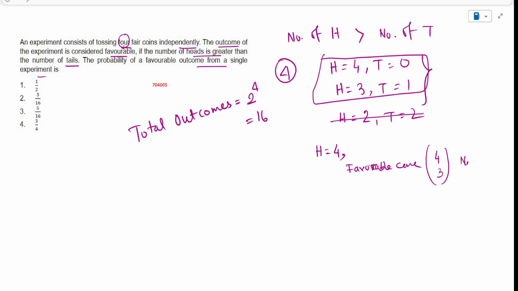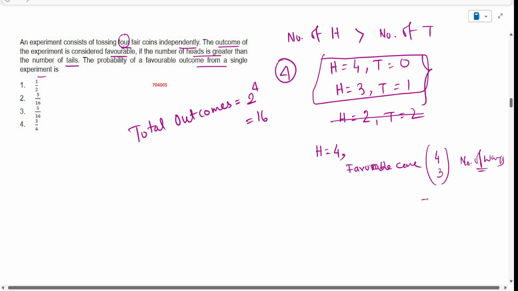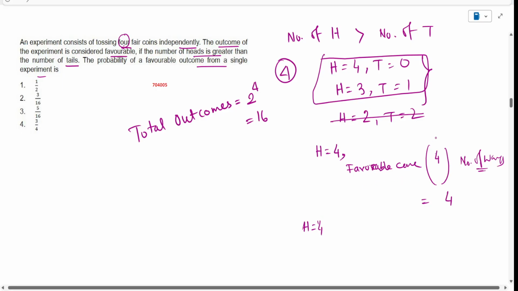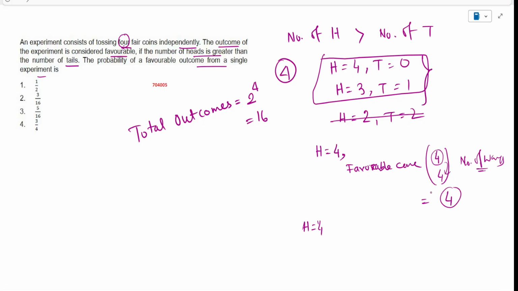If heads equal to 4, then this is 4C4, because total 4 coins and 4 heads.